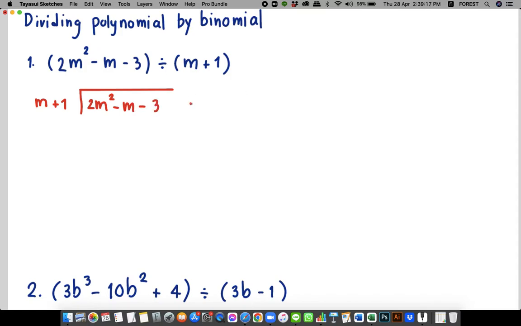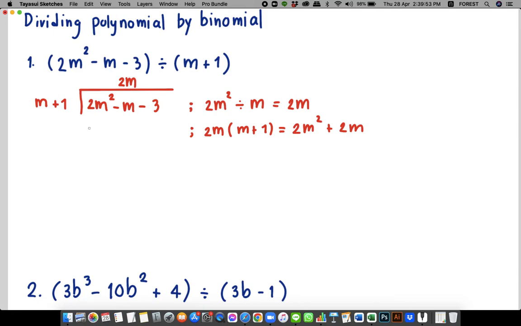Okay, for the first step, I'm going to take the first term of the dividend, that is 2m squared, divided by the first term of the divisor, that is m. It's going to be 2m. So I will put 2m here. And after that, you have to think about what is 2m times m plus 1. It is 2m squared plus 2m.